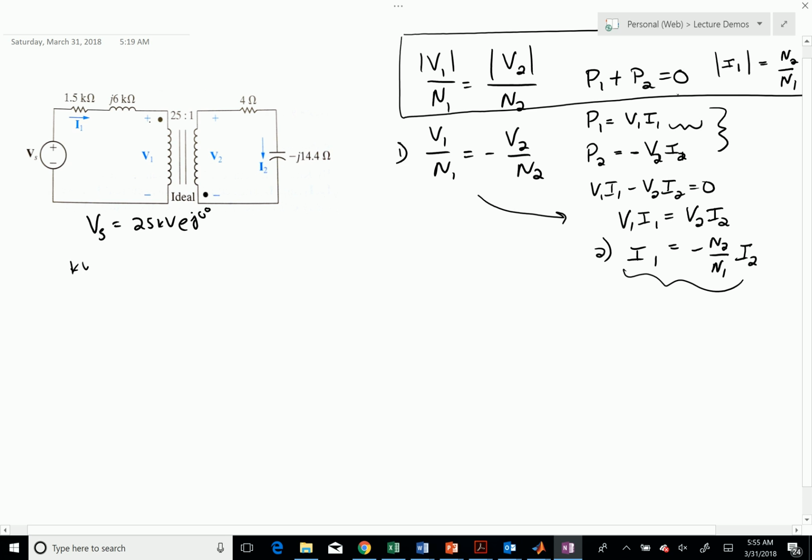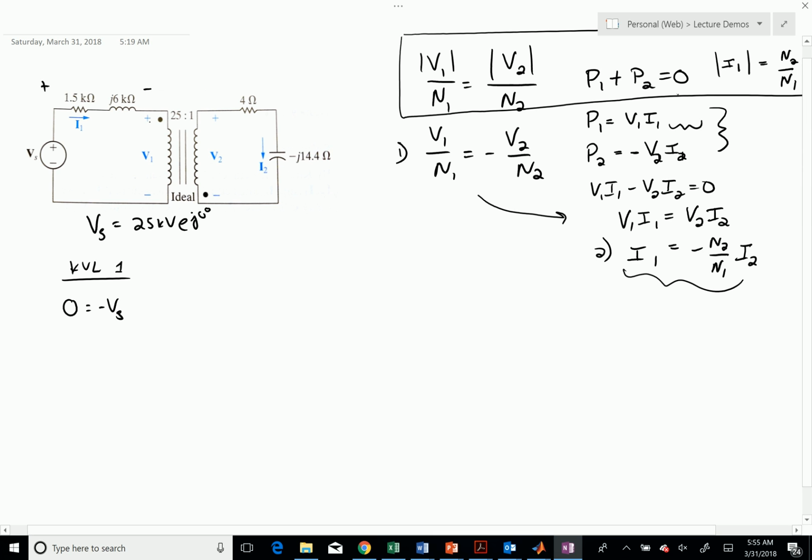So KVL1. Let me, I probably should do my polarities again. Plus minus here for the voltage across that transmission line.